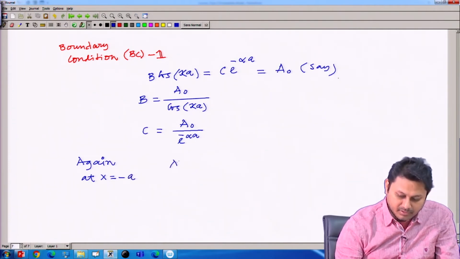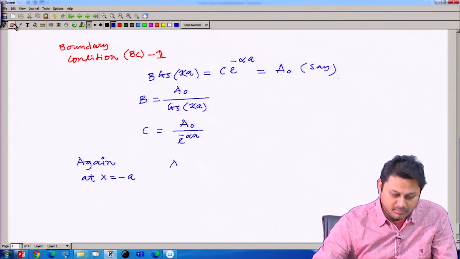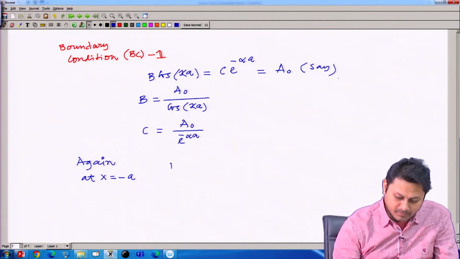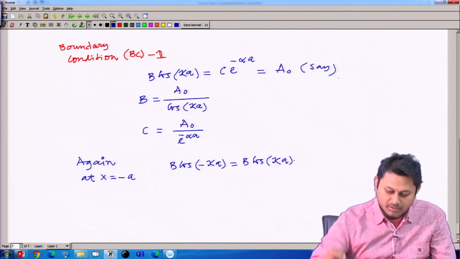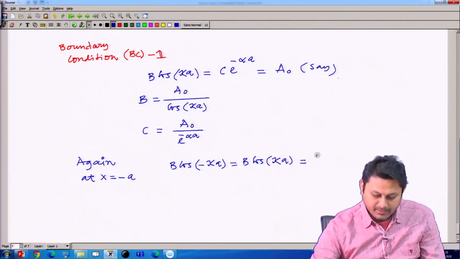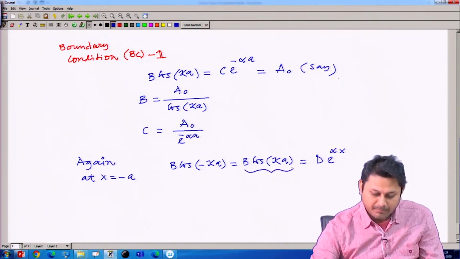We have B of cos of minus kappa a, which is eventually B of cos of kappa a, equal to D of e to the power of alpha x. And B of cos of kappa a, as I already defined in the earlier case, is A0.